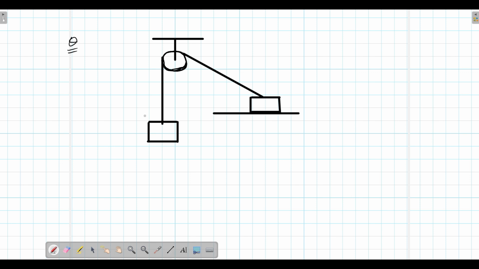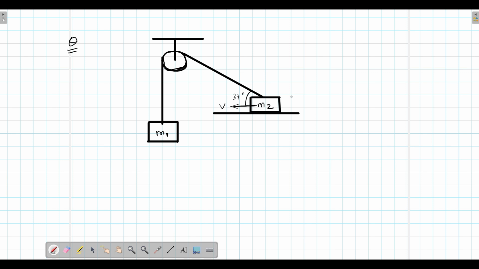So this is m1, this is m2, and this velocity is v, and this angle is 37 degree.